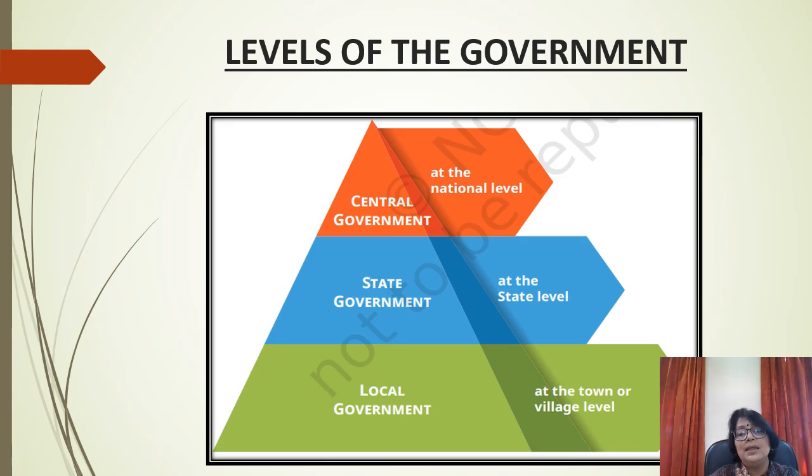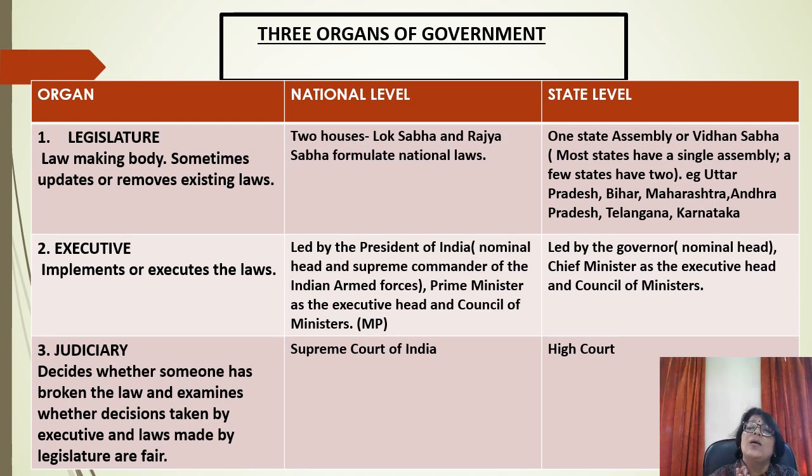Now we will study the organs of government, which are functional at national level and state level. On the left side, you can see different organs of government, those who are performing different duties.